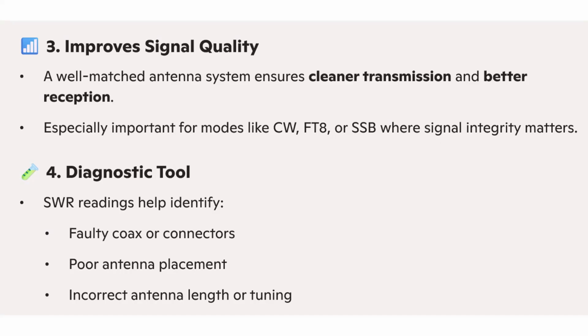I'm not sure about this cleaner transmission part, but I know on the old style analog TVs, if you had a mismatch in the feed line, you would get images and shadows and everything else. So, not sure about how important SWR is for the digital modes. I may have something to learn there.